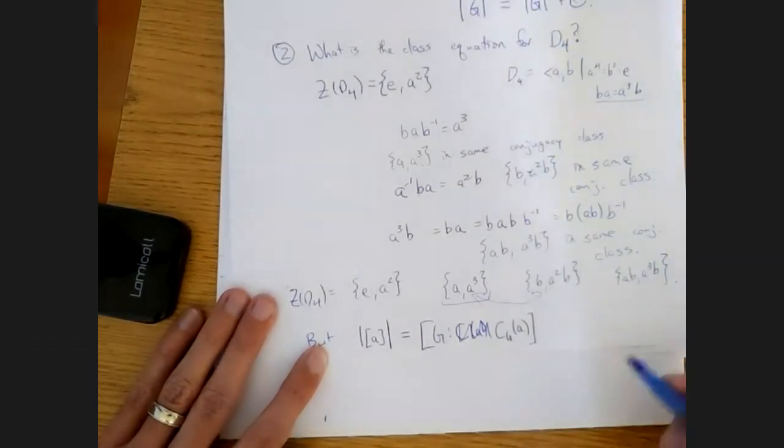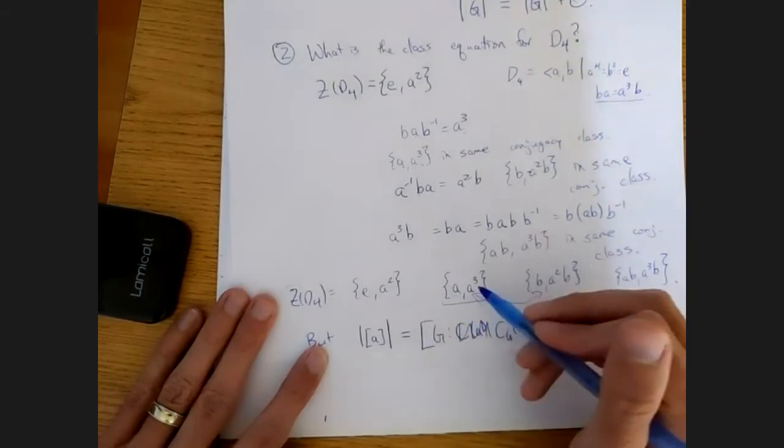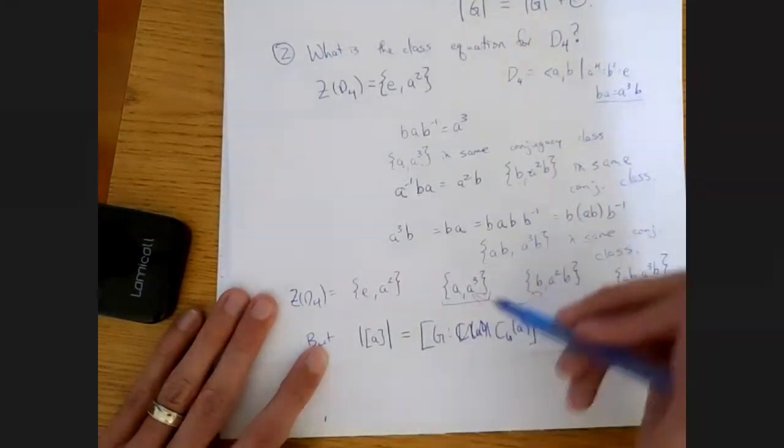So if we compute the size of the centralizer of A, that tells us how many elements are in the orbit of A, or the conjugacy class of A. So let's do that now.